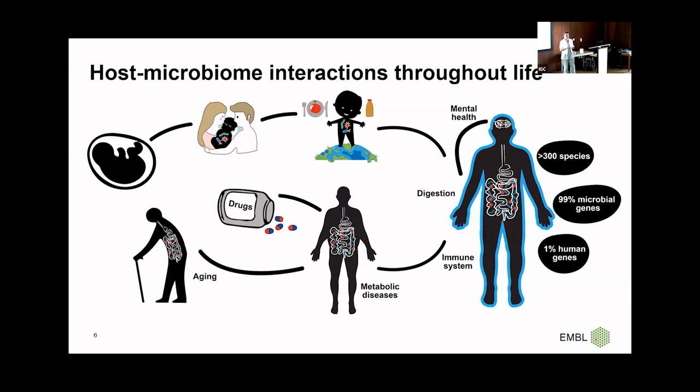However, these associative studies linking the gut microbiota composition to different host phenotypes usually remain correlative, where we don't know what the mechanisms of these interactions are and which associations are causative and which are happening just by chance.